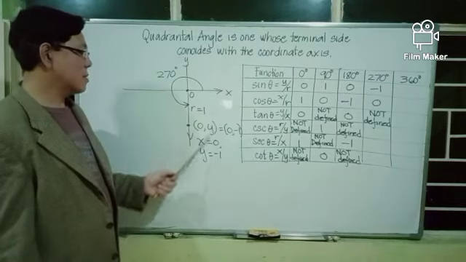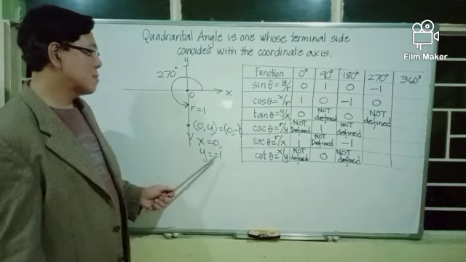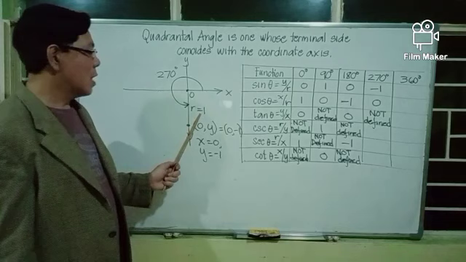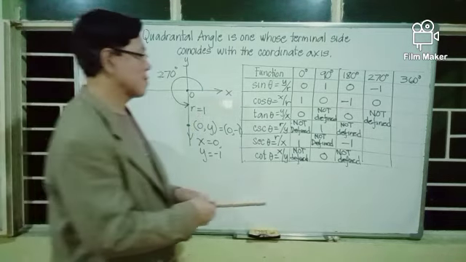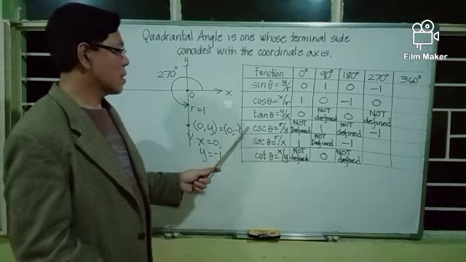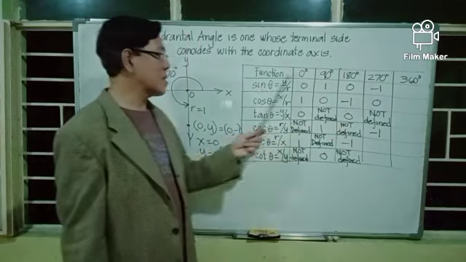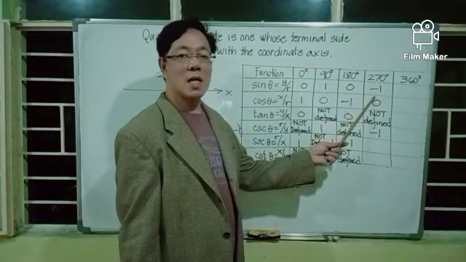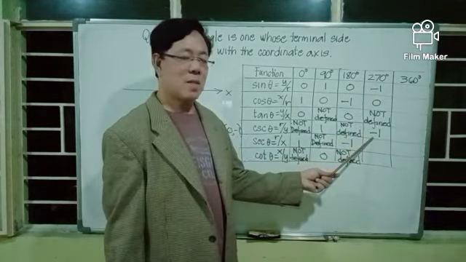R is 1, and y is negative 1. And 1 divided by negative 1 is negative 1. Or cosecant of 270 degrees is the reciprocal of sine of 270 degrees, which is negative 1. And the reciprocal of negative 1 is negative 1.